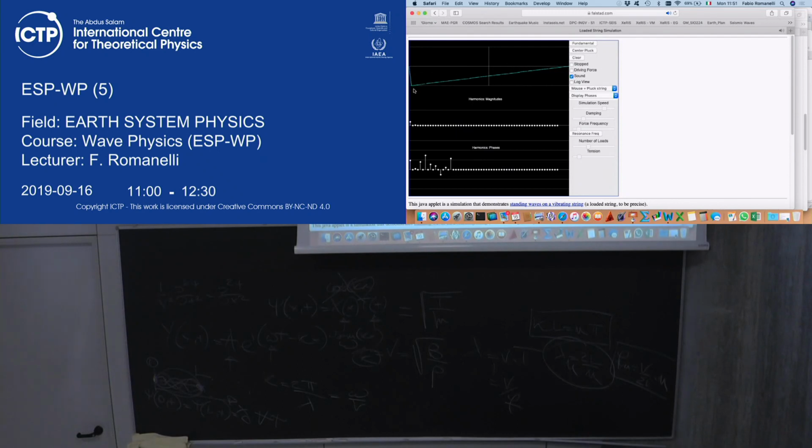If I pluck near the edge, higher harmonics will be present in the sound. That's called the timbre of a sound. If I would be able to play just the fundamental, but okay, it's not working for single modes. So I can play this, but not the single modes.